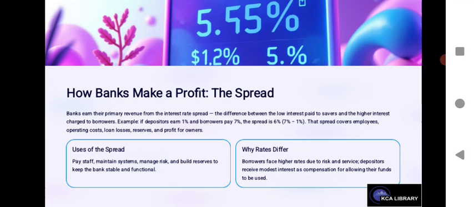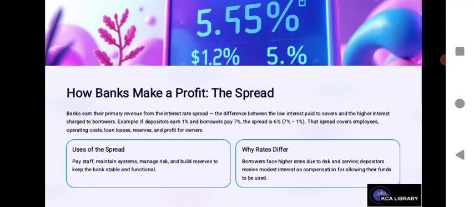Banks use this spread to pay their staff, maintain systems, manage risks, and build reserves to keep the bank stable and functional. Now, you can imagine if there are no depositors and no borrowers, banks will lose. In fact, banks will cease to exist. So you can see that they make money through that spread.